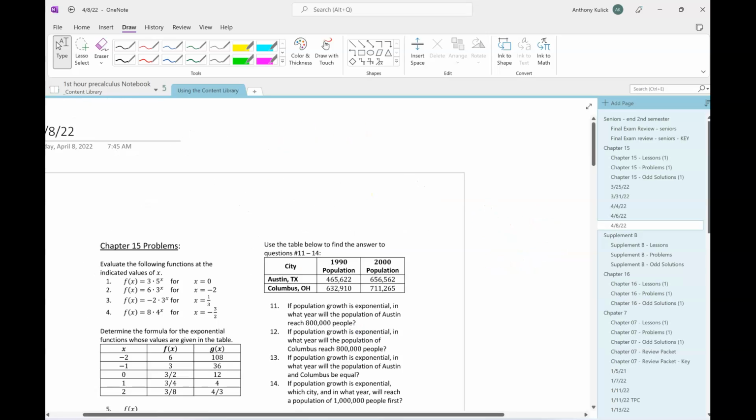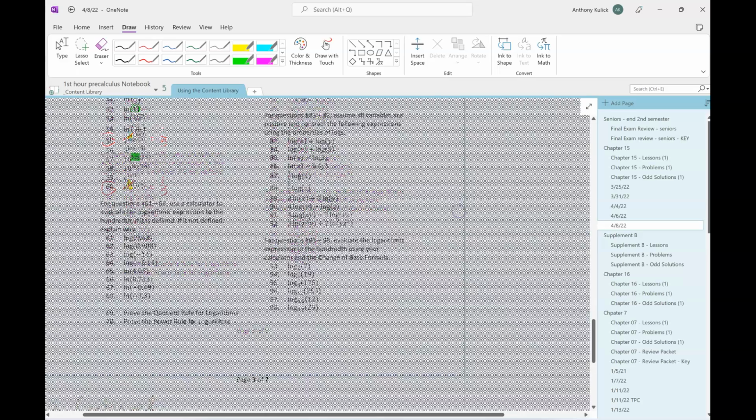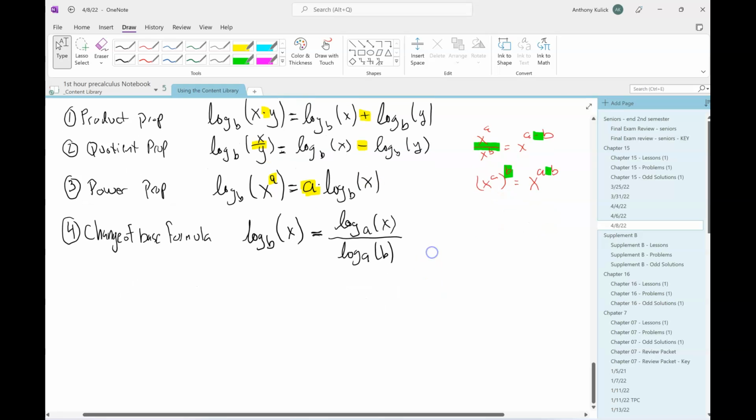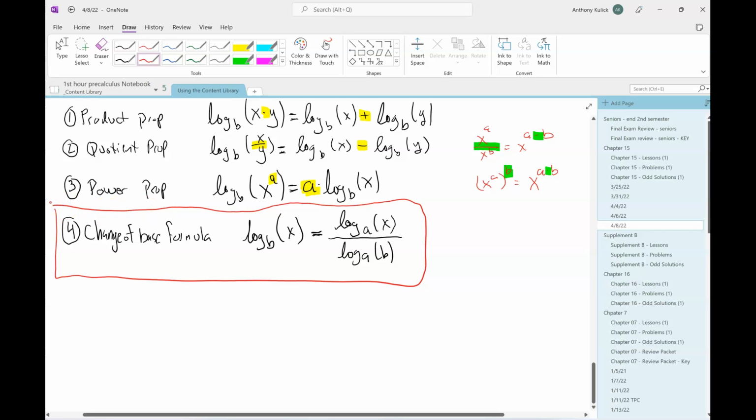Now the change of base formula here is not directly related to any of the properties of exponents. Basically this is just a way to translate a logarithm into a logarithm of any base that you want.